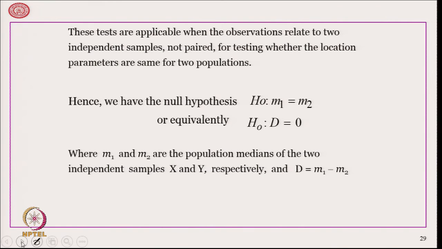So, what are we testing? We are testing the null hypothesis that M1 is equal to M2. That means, if M1 is the median of the X population and M2 is the median of the Y population, we are checking whether these two populations have the same median.